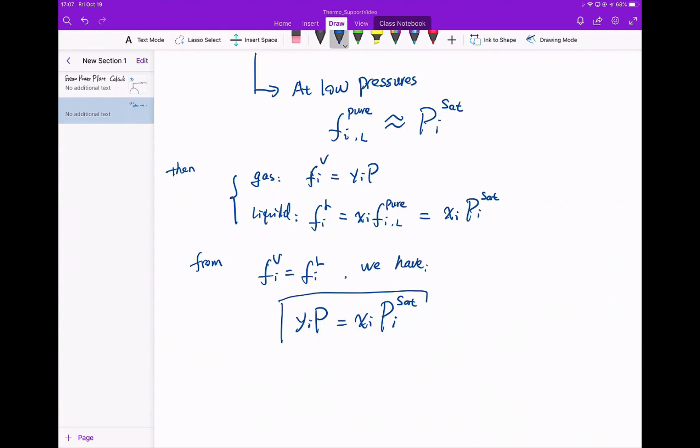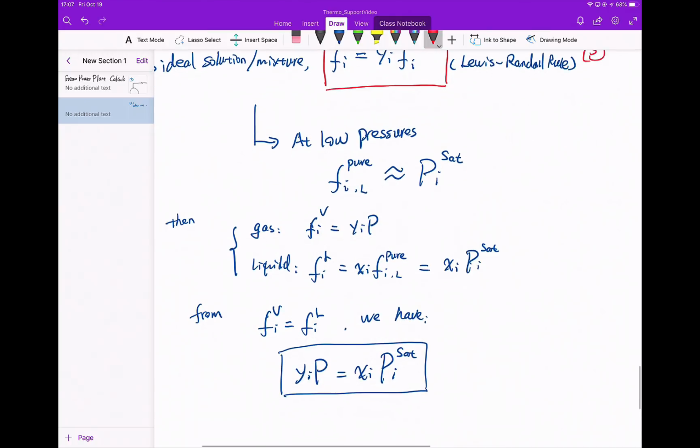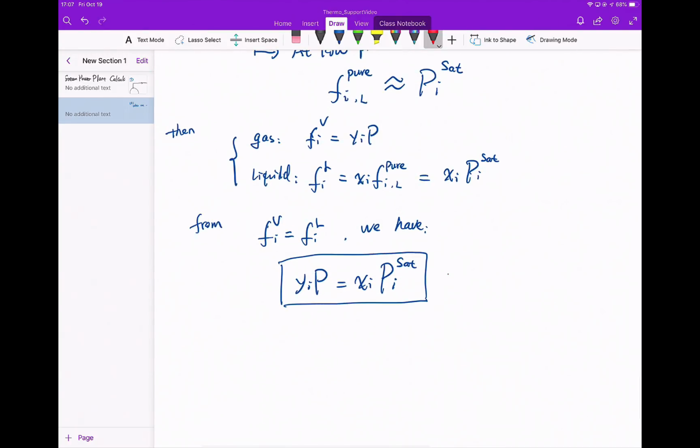Okay. That equation is very useful. Let's call this equation 6. And this is the so-called low pressure form of Raoult's law.